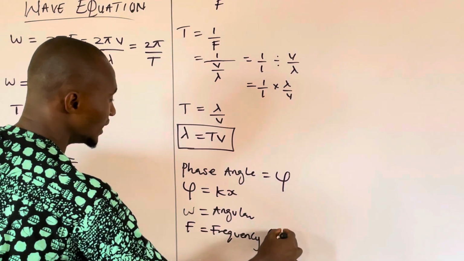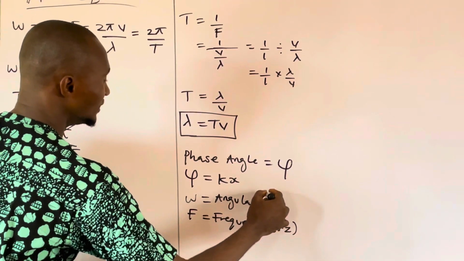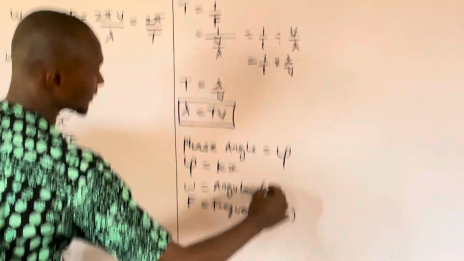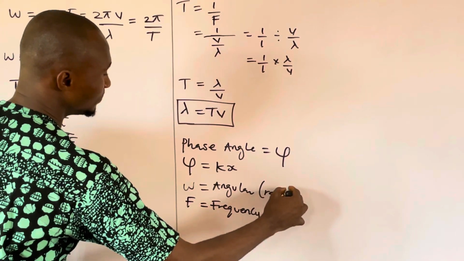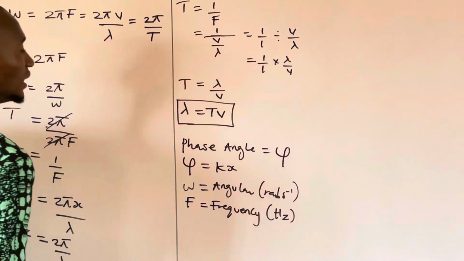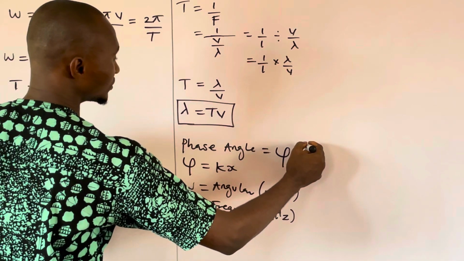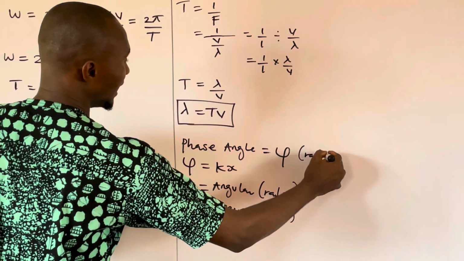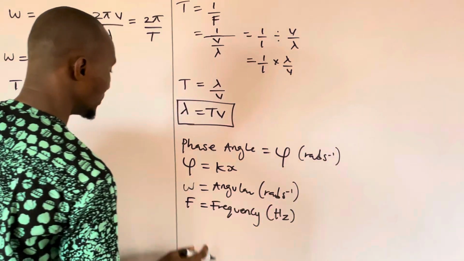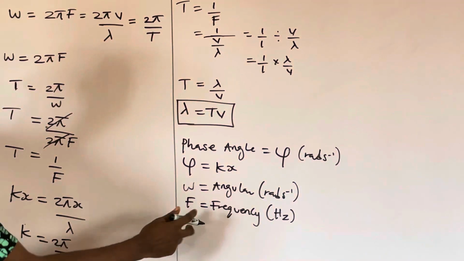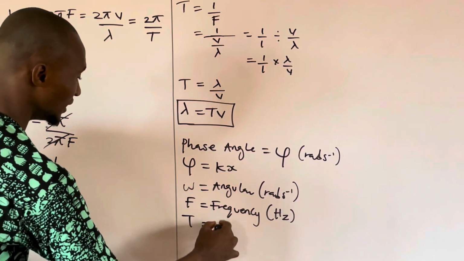Frequency is measured in hertz, and angular velocity in rad per second. This phase angle is also measured in radians. Now, what else again? This capital letter T here is period.